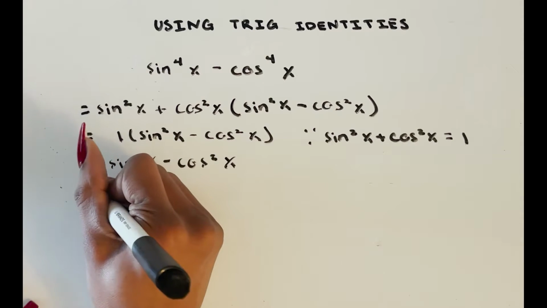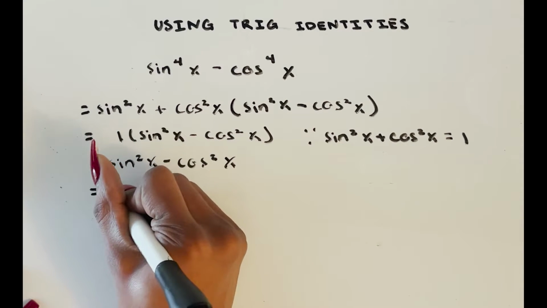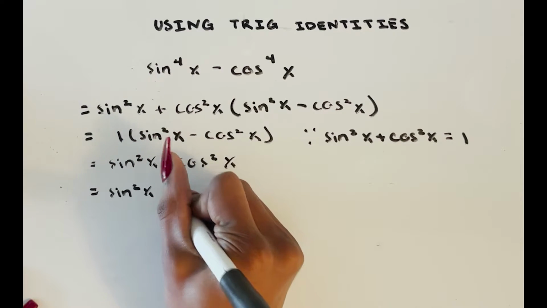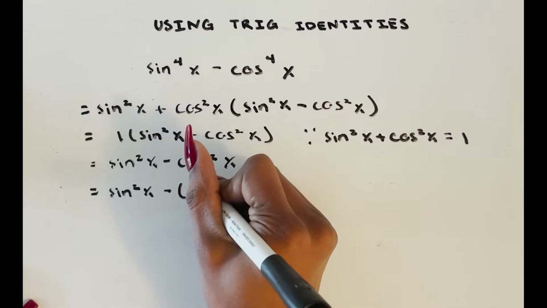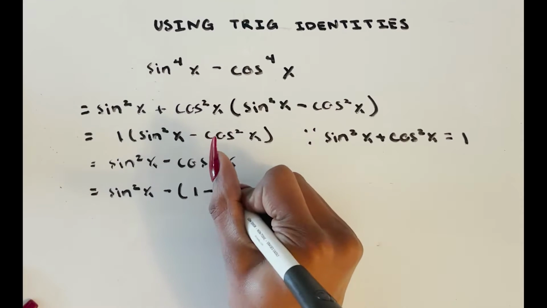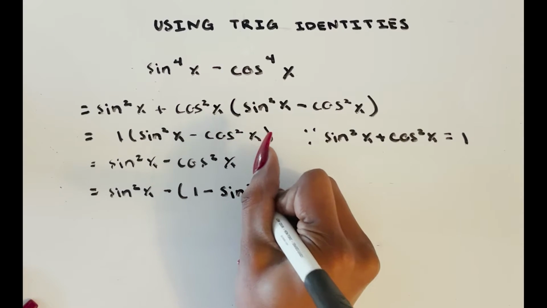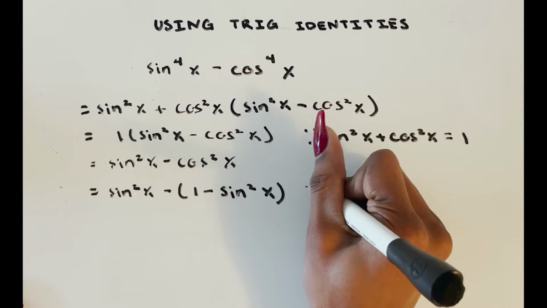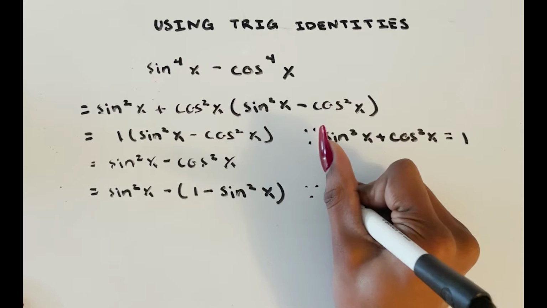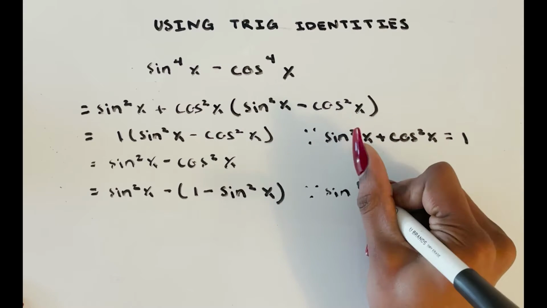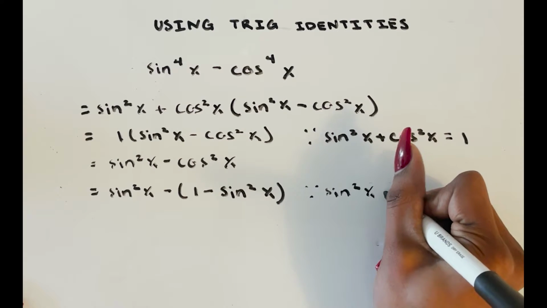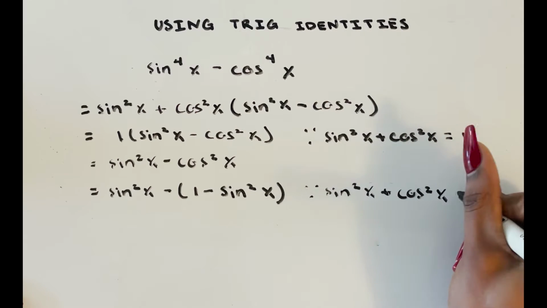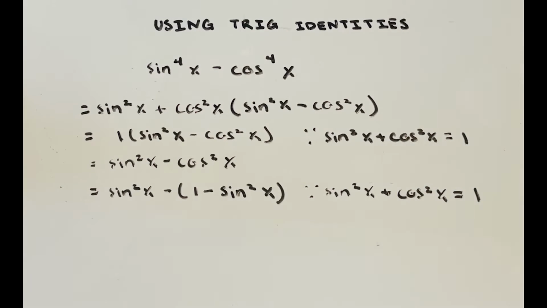What we'll do next is rewrite cosine squared of x as 1 minus sine squared of x. And that is again because of our trig identity, sine squared of x plus cosine squared of x equals 1.